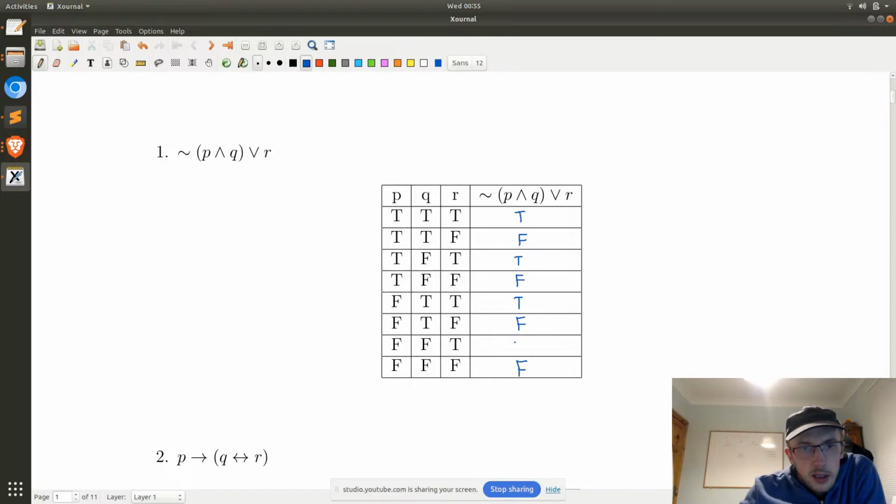Oh, and it'll be true here, won't it? Yes. Right, okay, I get it. When disjunction is the main connective, and one of the disjuncts is just an atomic proposition, then it'll just mirror that, won't it?